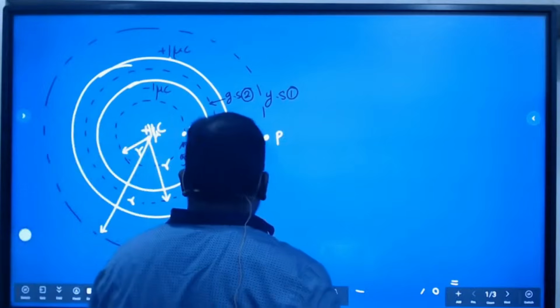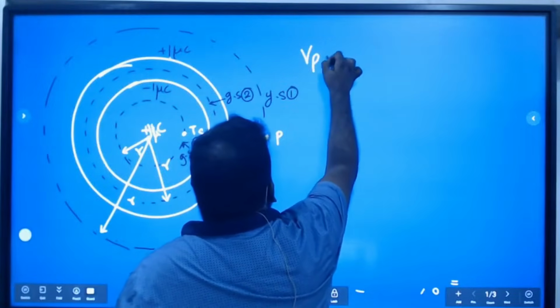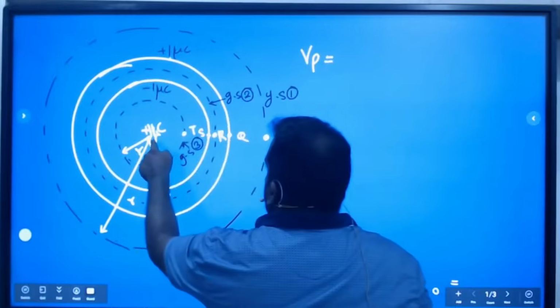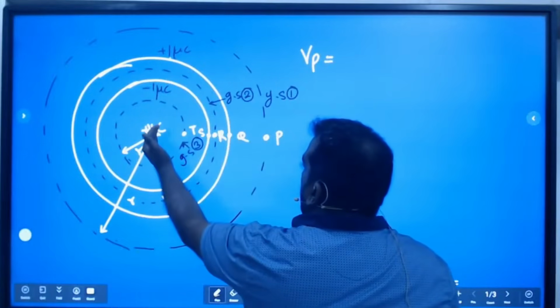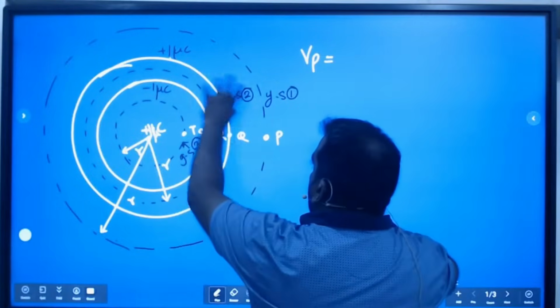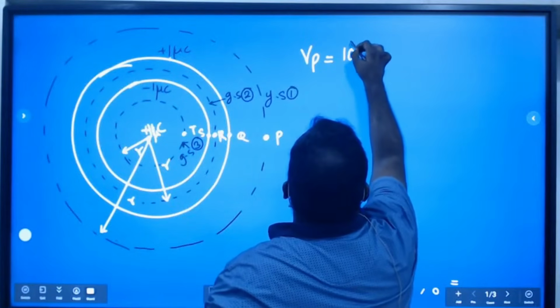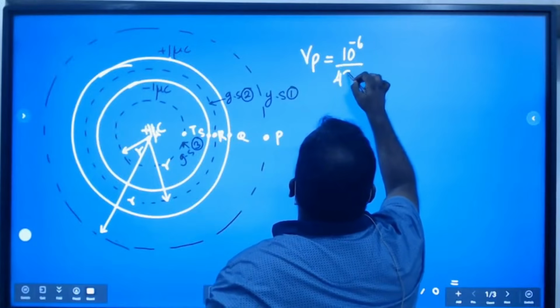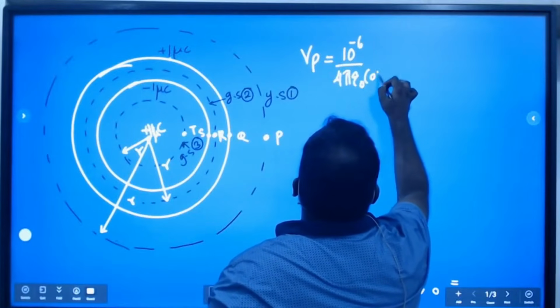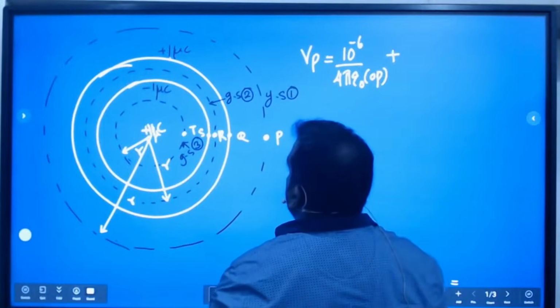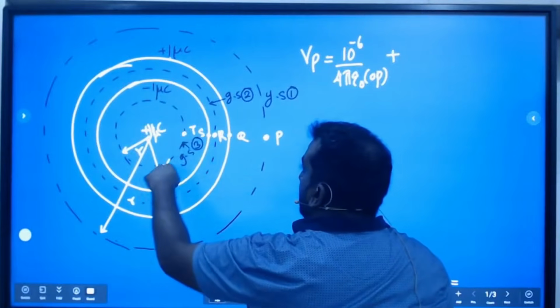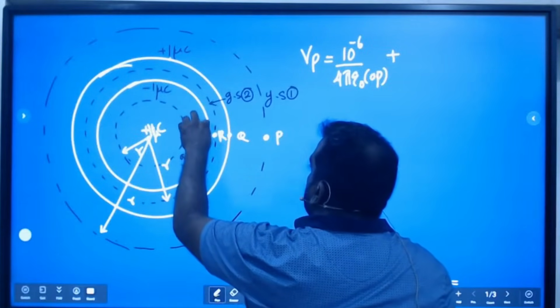Look, potential at P. Because of this charge, where is it? Outside. Take all the charges, keep them at the center like a point charge: 10 to the power minus 6 over 4 pi epsilon naught OP, plus, now think about the minus 1 microcoulomb charge.